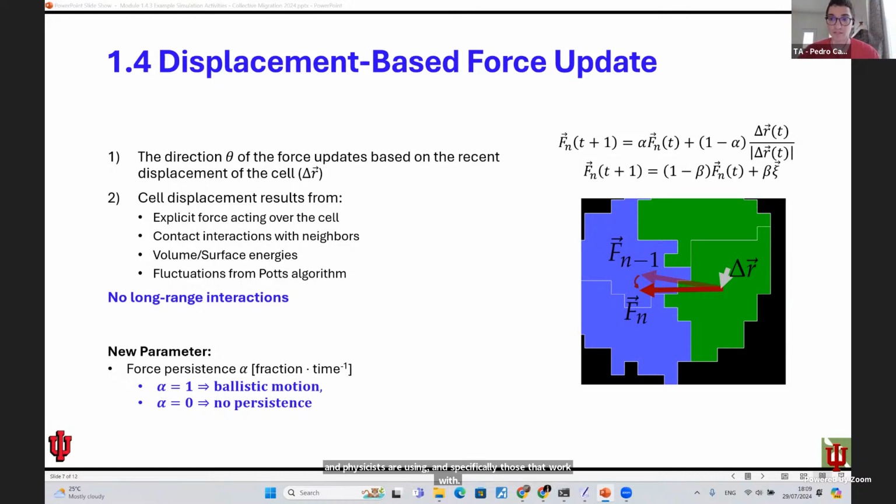For example, they use this letter, I don't know the name of it in English. In Portuguese, we say xi, which represents the noise. The noise one is universal. Almost everybody uses this Greek letter to represent noise, and alpha is a common one for persistence, and then beta because we are using alpha and then beta.